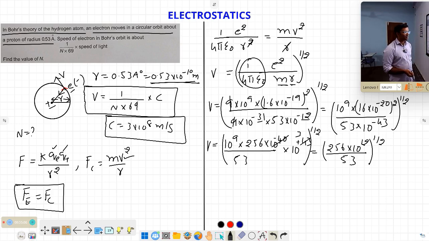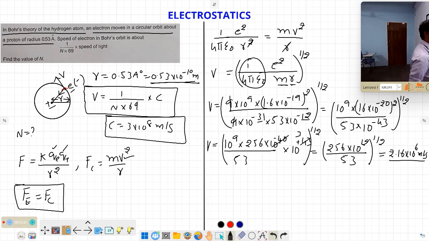We solve this 53, 5 times is 250, and 265 you get. So this value, rounding off, we are going to get 2.16 into 10 power 6 meter per second.